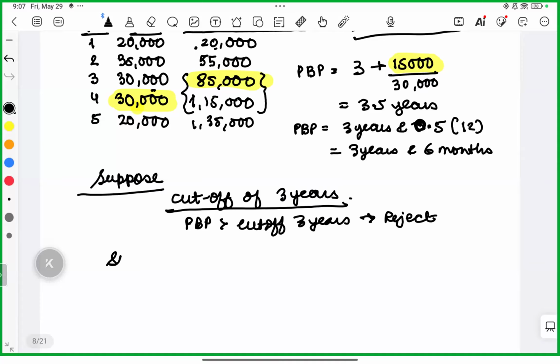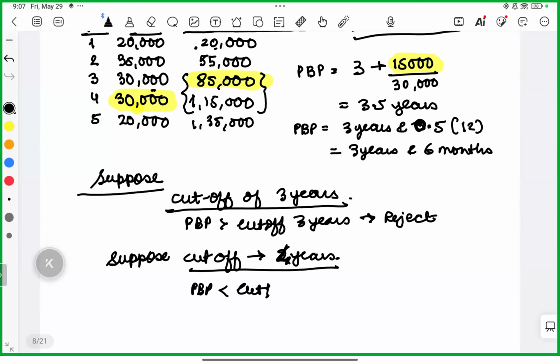Okay. Let us say the cutoff for management is 4 years. That is, management takes a project if the payback period is shorter than 4 years, and rejects projects which have a payback period of more than 4 years. So your payback period is less than the cutoff of what management wants. So you will accept this project.